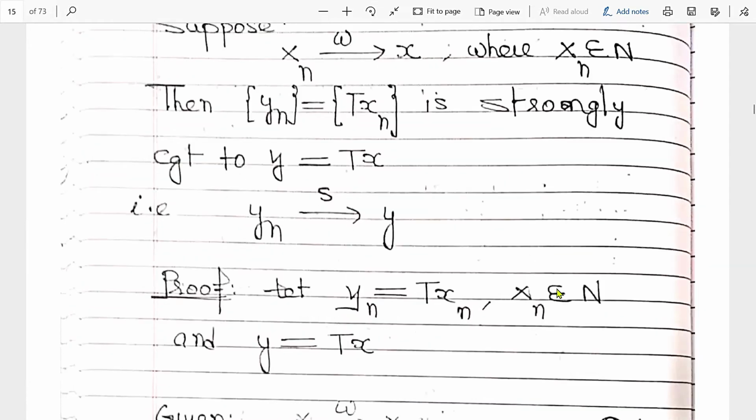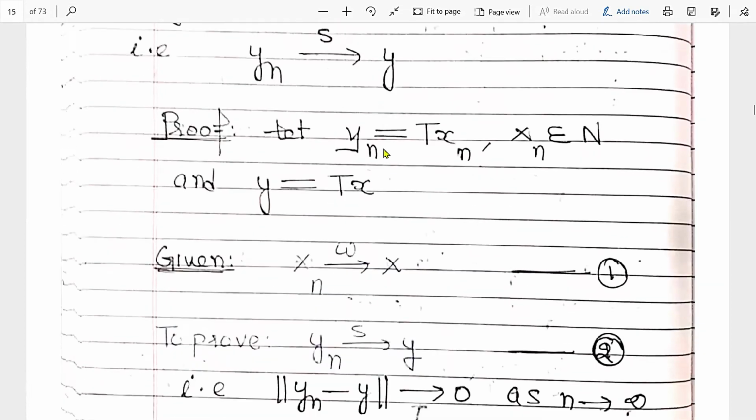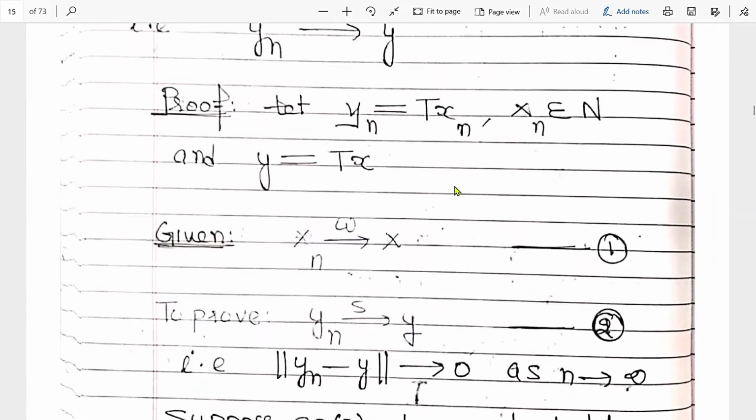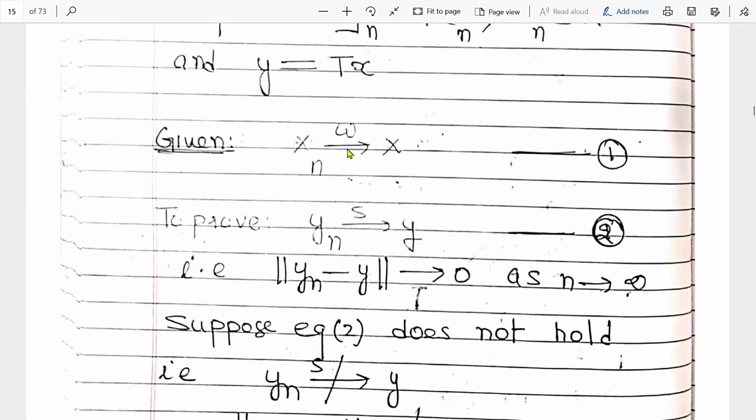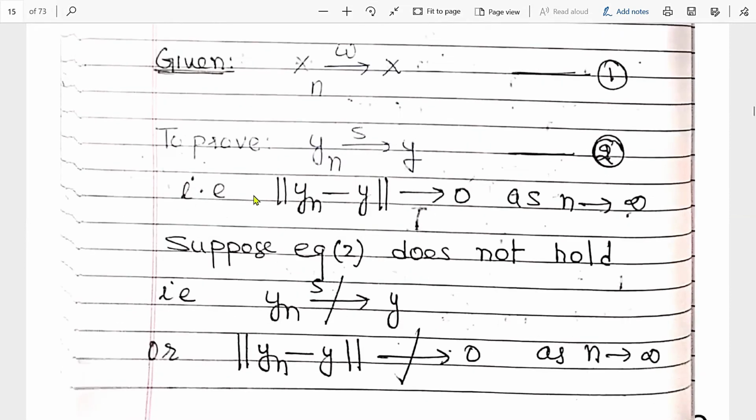Now let yn equal T xn, where xn belongs to N and y equals T x. Given xn is weakly convergent to x, our purpose is to show yn is strongly convergent to y. What is the definition of strongly convergent? The norm of yn minus y approaches 0 as n approaches infinity.